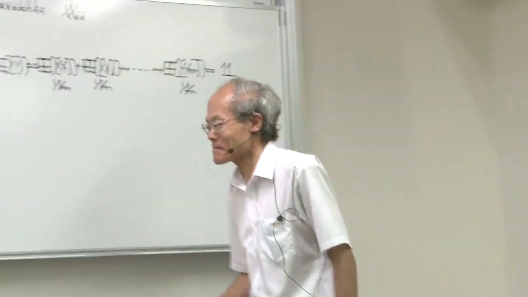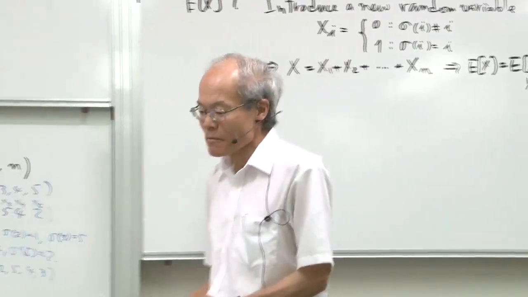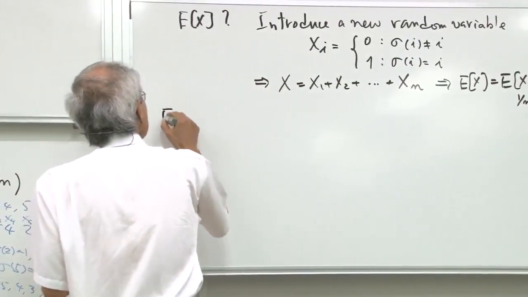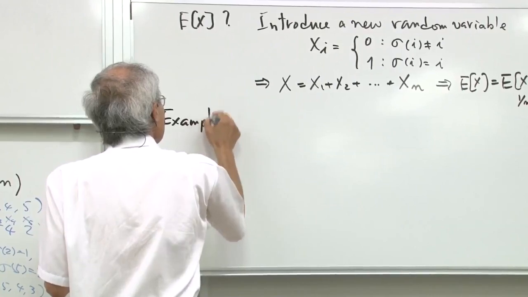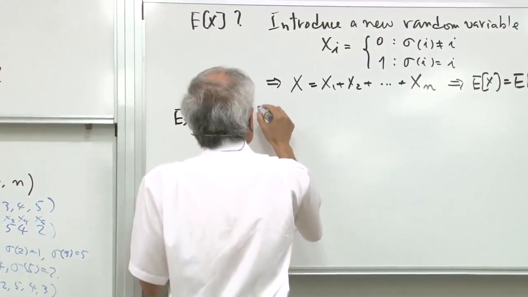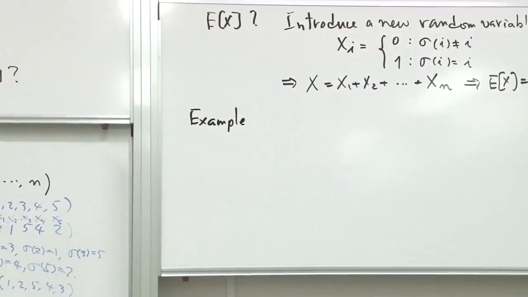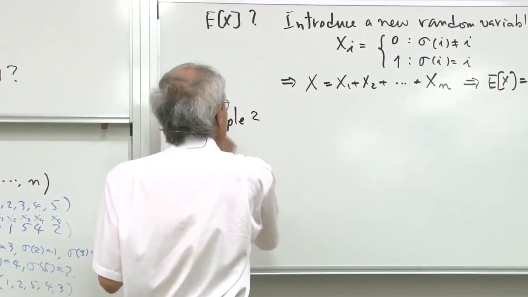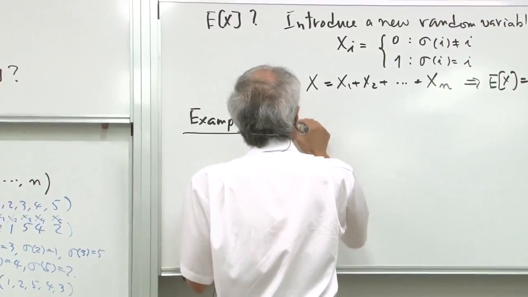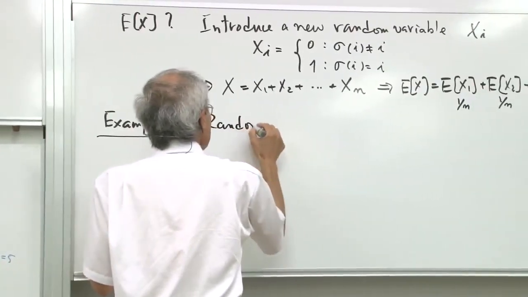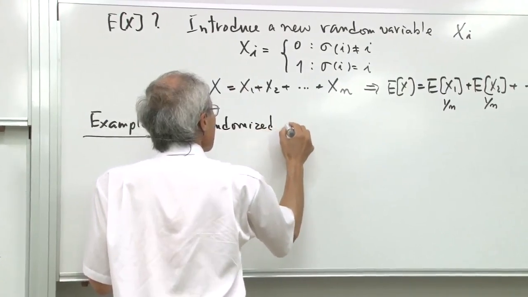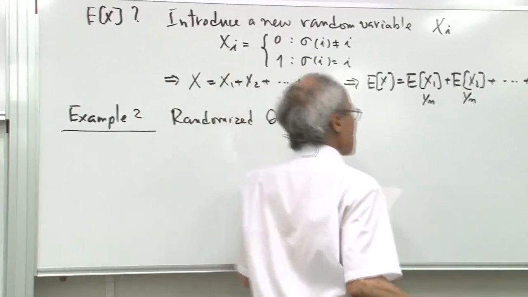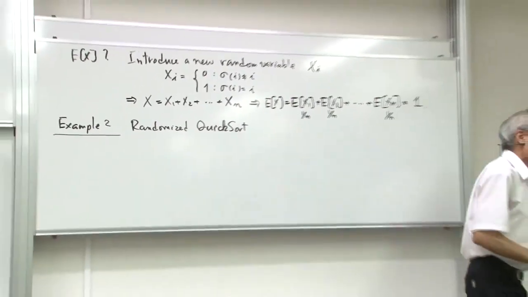Good. Now I'm going to the next example. Example 2: randomized quicksort.